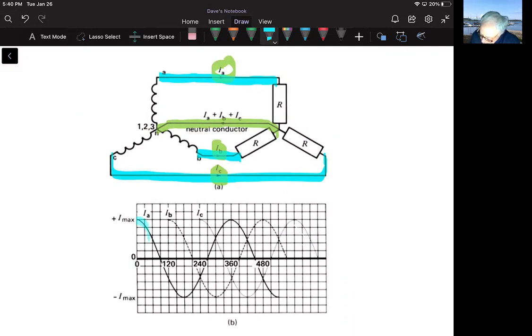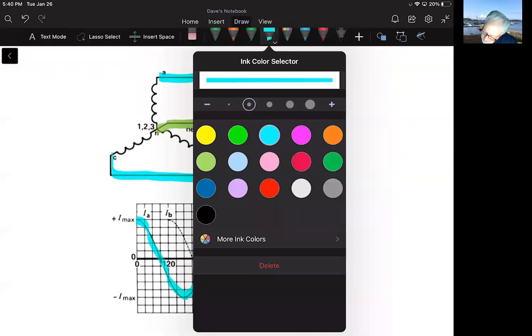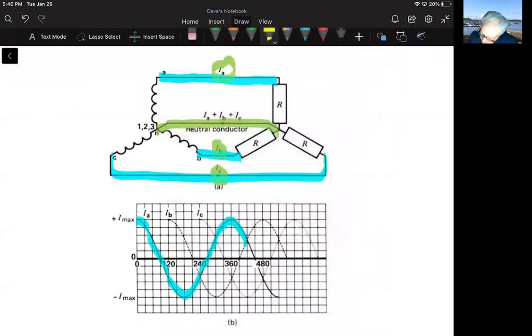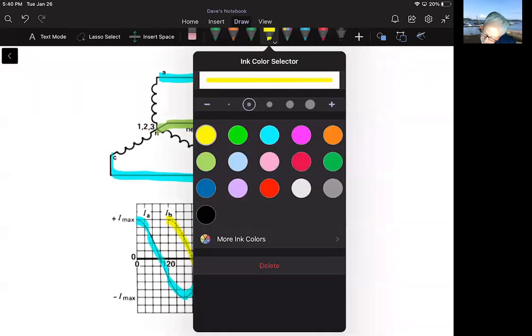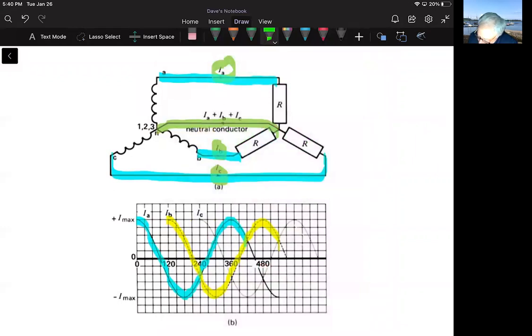Here is the phase A current, and let's color code this. This is one good thing about online, I get to use color in my figures. And then one more color, we'll go with green.